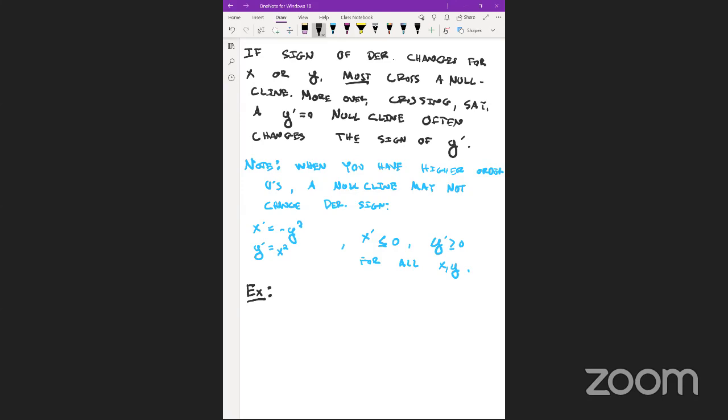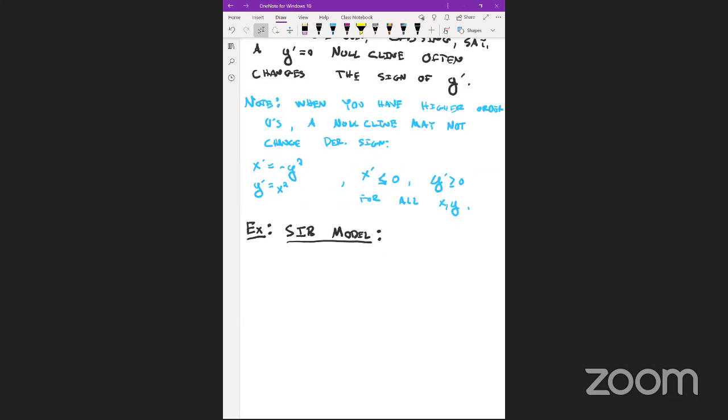Okay, so let's look at another example. Let's return to the SIR model. As you guys are now well familiar with, the SIR model is S prime equals minus beta S I, I prime equals beta S I minus gamma I. I'm going to just drop the R for the moment, since the R is where everything pools up anyway.